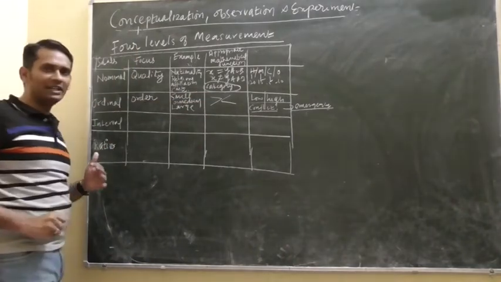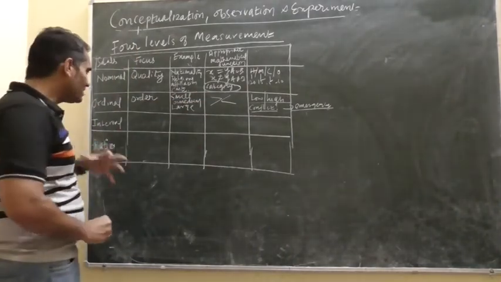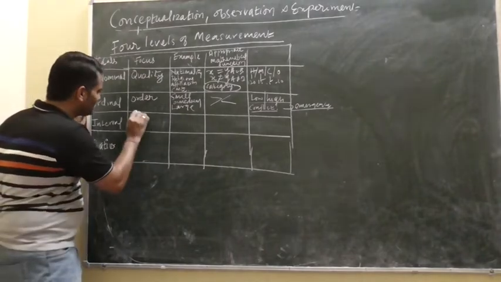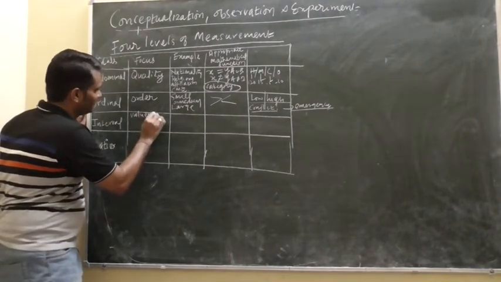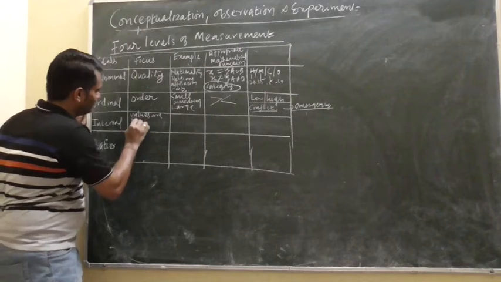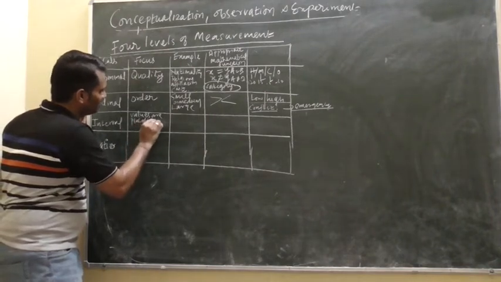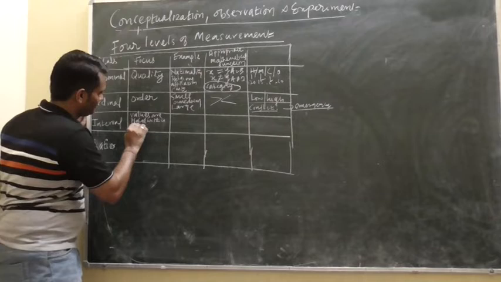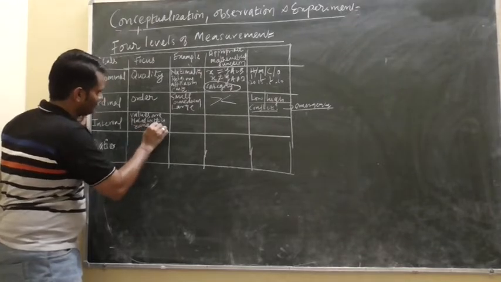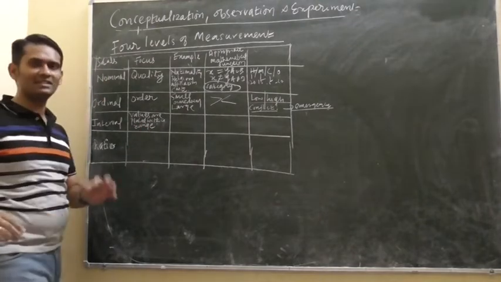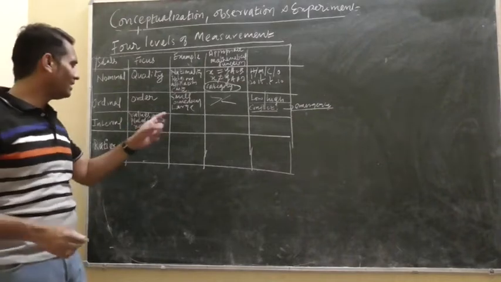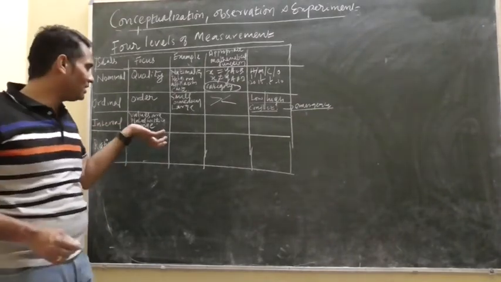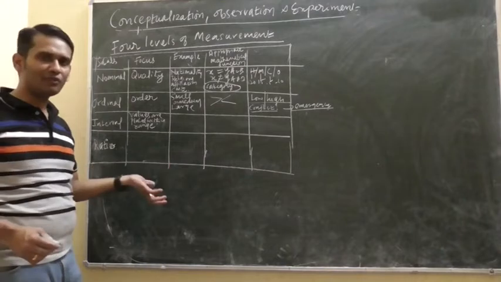But in the interval scales, the values are placed within a range. You are able to place certain values within a range. For instance, the interval scale is purely a part of science.